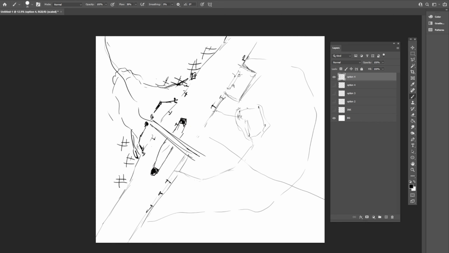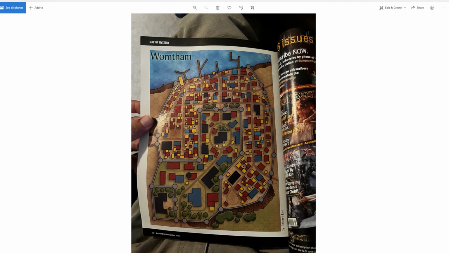Now, one of the maps that I have had for this, and I've only seen 2 other maps for Womtham, and this is one of them. When I look at what other people have done, I need to pay attention to it from the perspective of what I consider to be canon at that point, right?